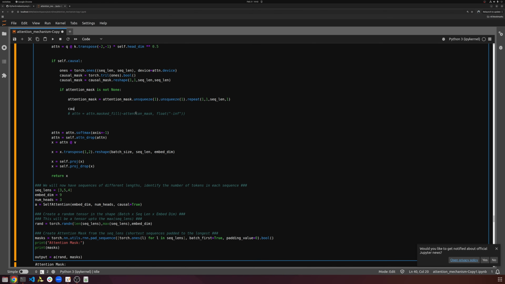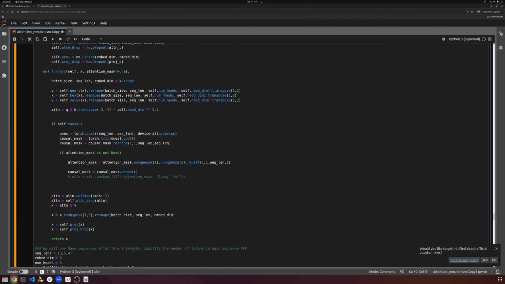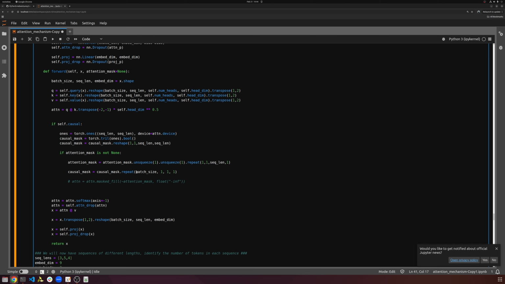So our causal mask is going to be causal mask.repeat. Again, we want to go from 1 by 1 by 5 by 5 to 3 by 1 by 5 by 5. So we want to repeat this one 3 times and leave everything else the same. We already know the batch size, that's this. So we're going to repeat this batch size number of times, but then 1, 1, 1.